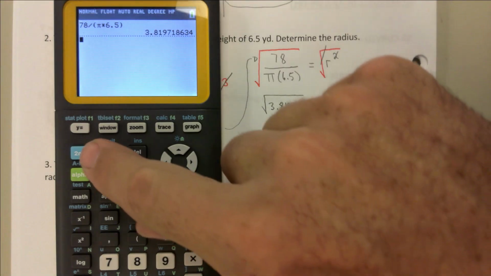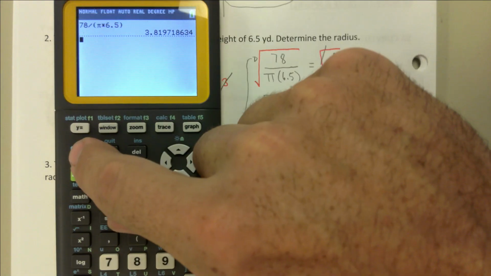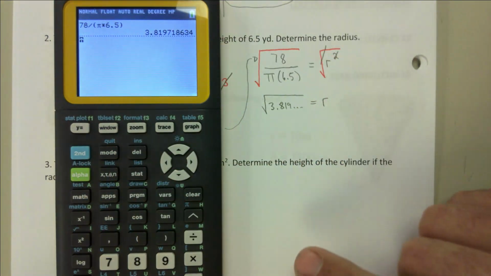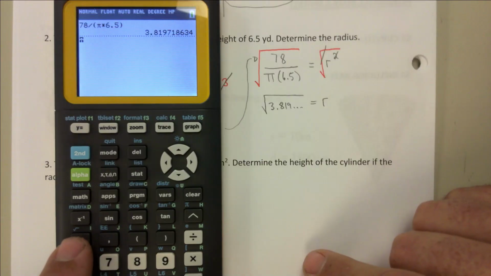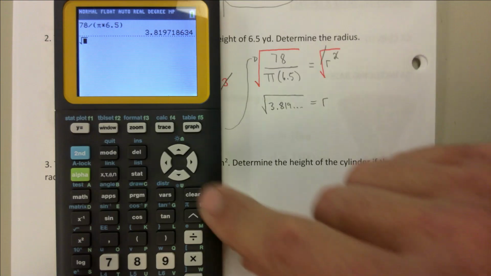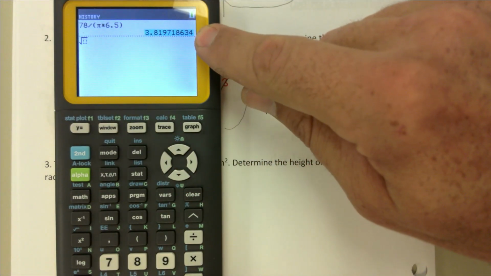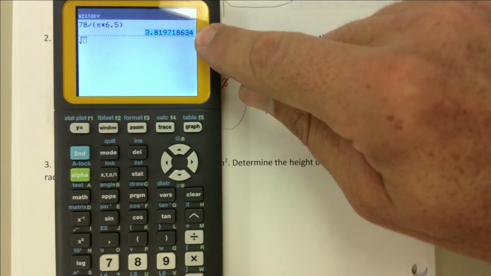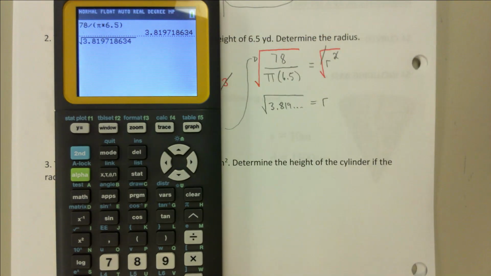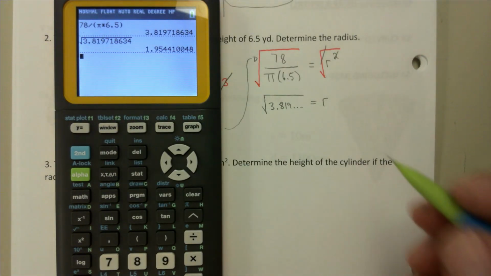But anyways, it's one of the pains here. So second, and then if you look at x squared, my finger is right on it, you call the square root, okay? And then you just go arrow up, highlight the number that we just calculated, hit enter to paste it into the root, hit enter one more time. There we go, it's 1.95.